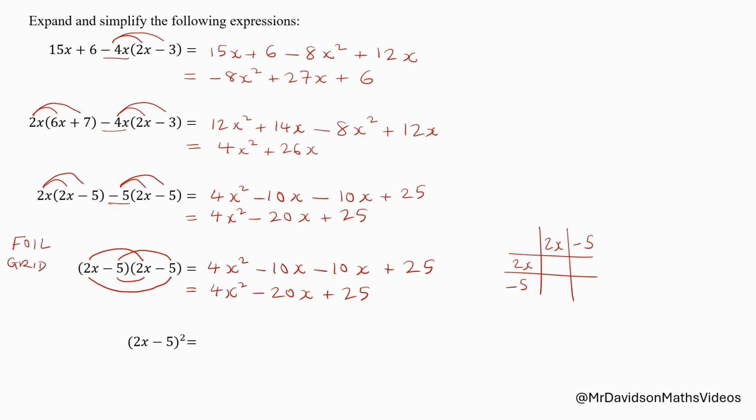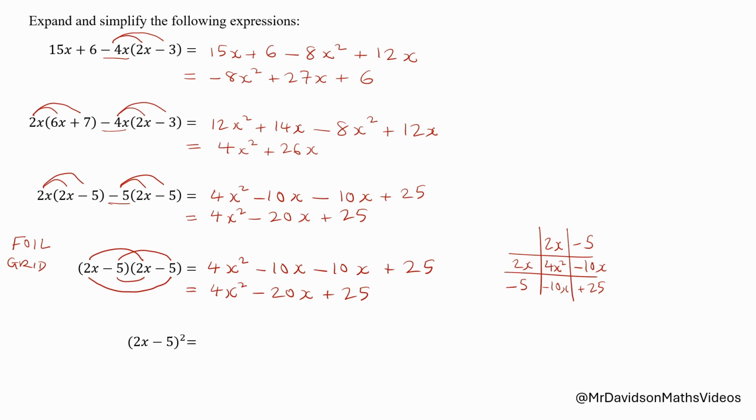So 2x times 2x gives us 4x squared. 2x times the minus 5 gives us minus 10x. 2x times the minus 5 is minus 10x, and the minus 5 times minus 5 is plus 25. And again, we get the same 4x squared minus 20x plus 25 from that.